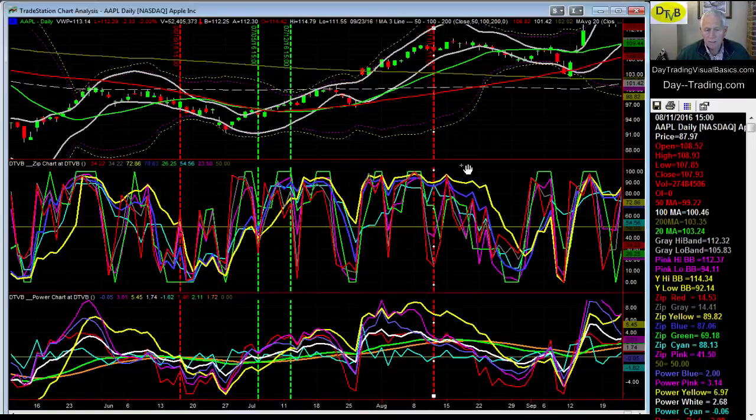When things are going down, red goes down. When things are going up, red goes up. When red is down, there's a real good chance it's going to go up, and that's the logic behind what I'm trying to convey here, just based on the zip chart and the power chart.